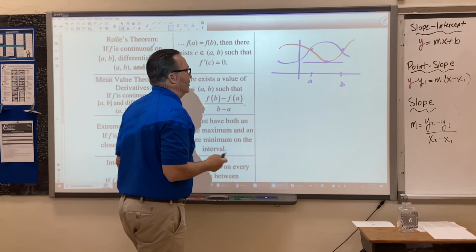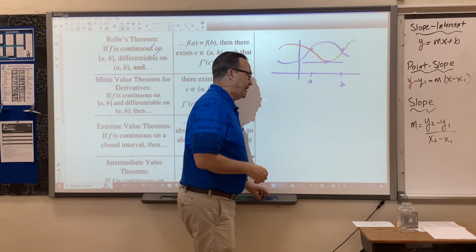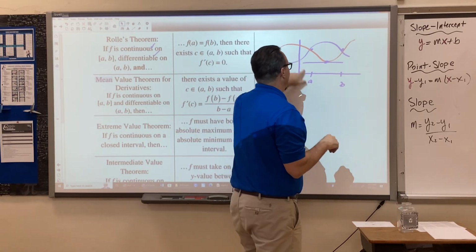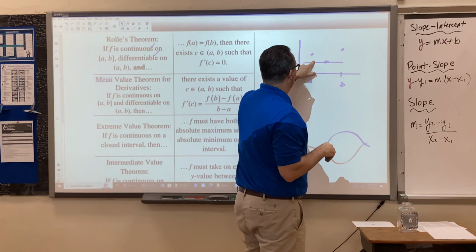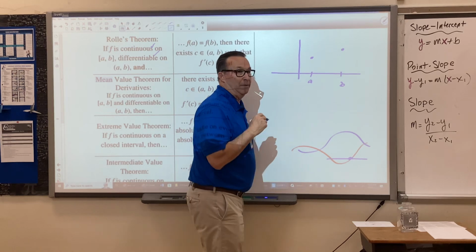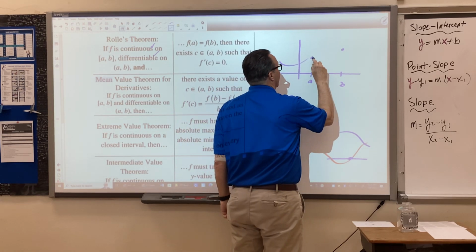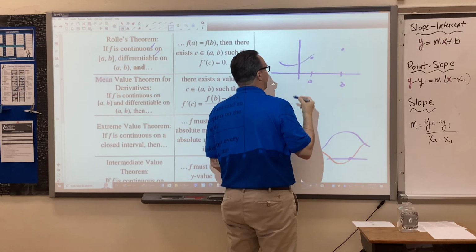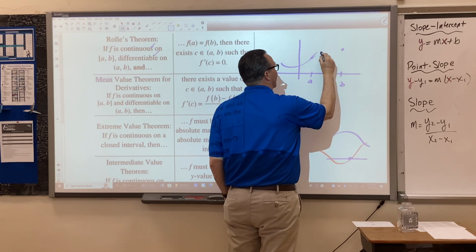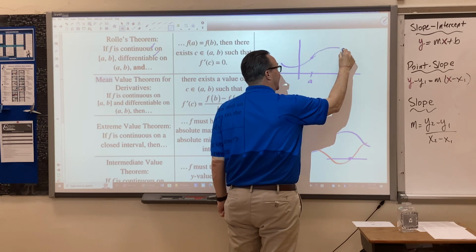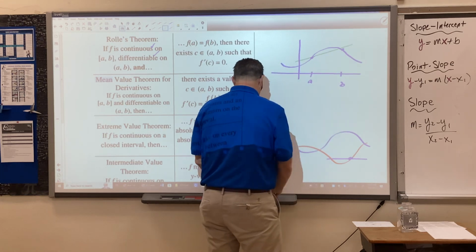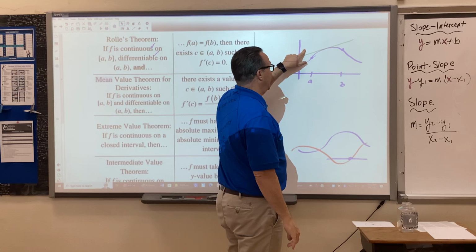Okay? Mean value theorem says the same thing, but it doesn't say A and B have the same y values. A and B can have different y values. Differentiable. So you can't draw a curve between those 2 points without having a tangent equal to the secant.